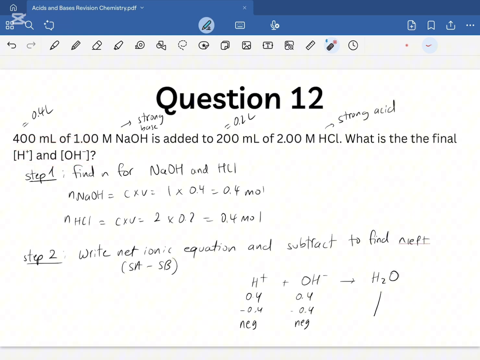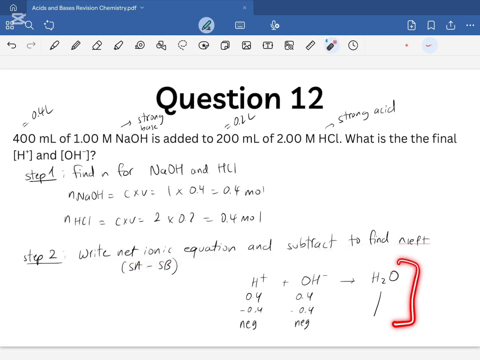So let's first find the number of moles that we're using for the NaOH, which is the strong base, and the acid, which is HCl. I do C times V, I find the number of moles. As you can see, I have the same number of moles for NaOH and for HCl. So these two are going to react completely. So I'm going to write the net ionic equation and subtract to find the number of moles left.